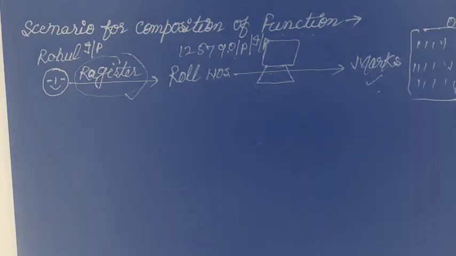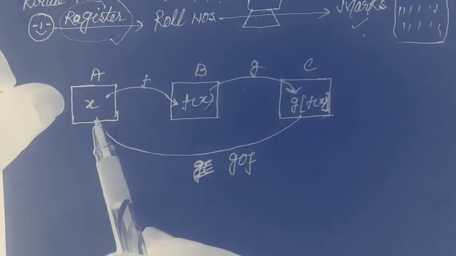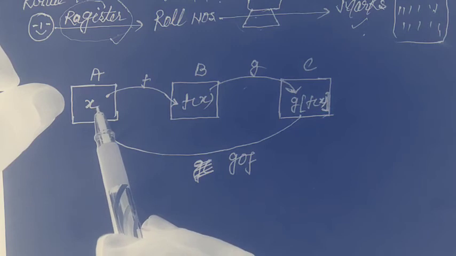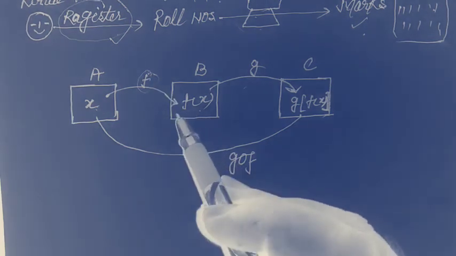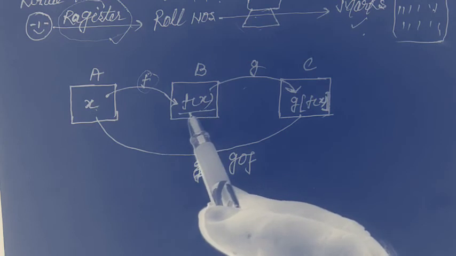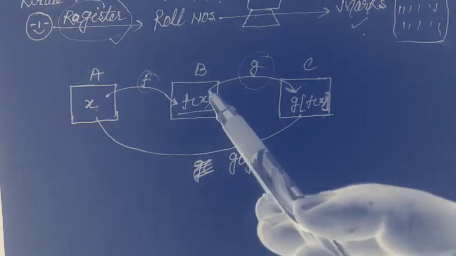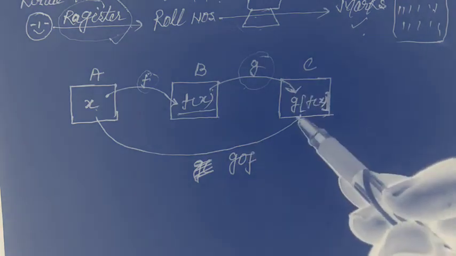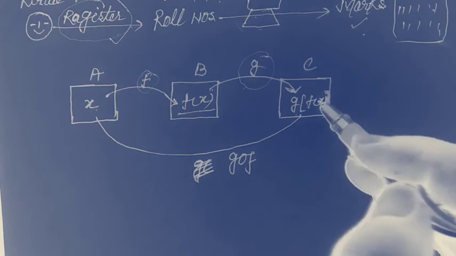Let's see more. Here x is any input and f is a function, so we get output f(x). Again g is a function, so we will get output g of f(x).